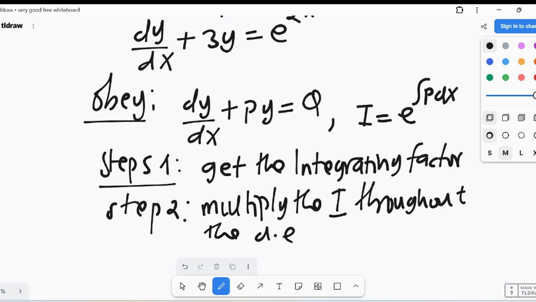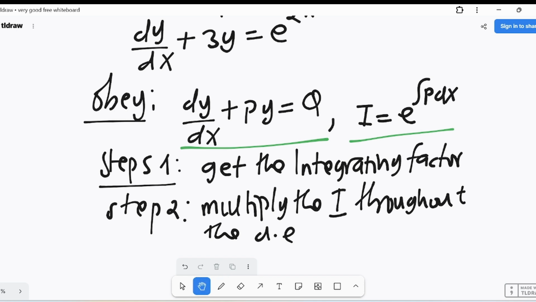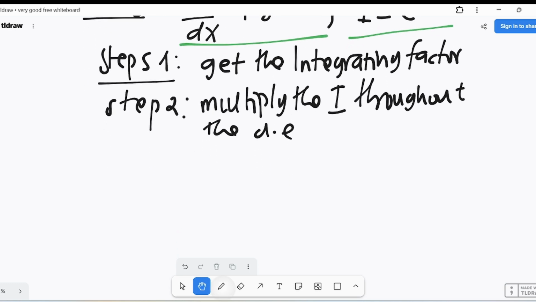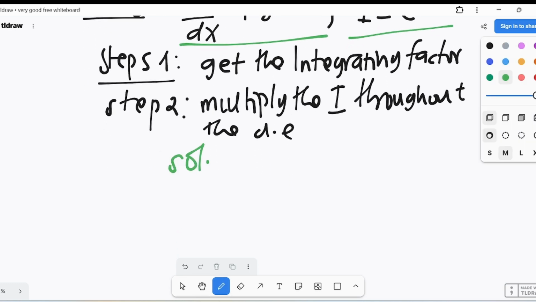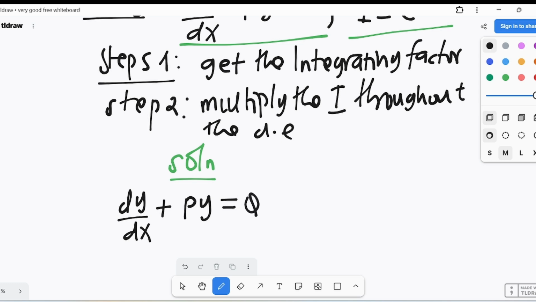Now, let us solve this. Know that for you to get a first order linear DE, it must be in this form, and two, you must get the integrating factor. So our DE was dy by dx plus py is equal to q. That's the form.